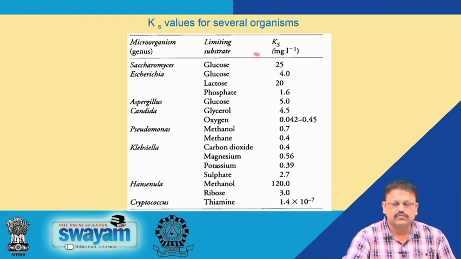The Ks value for Saccharomyces, with glucose as the main substrate of growth, is 25 milligram per liter, and for Acacia it is lactose, it is 20, and likewise for other microbes with their limiting substrates given in this table. The maximum observed is 120, where methanol is the limiting substrate and Hansenula is the microorganism.